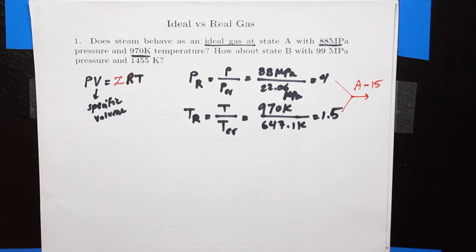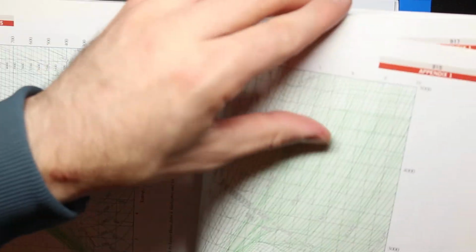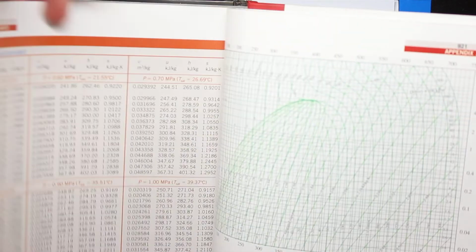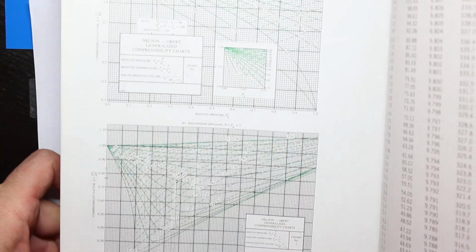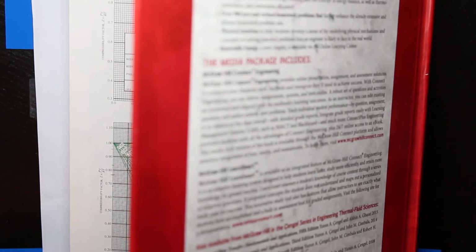So let's do that. In figure A15, what we have is P_R on the horizontal axis and T_R as a bunch of curves.